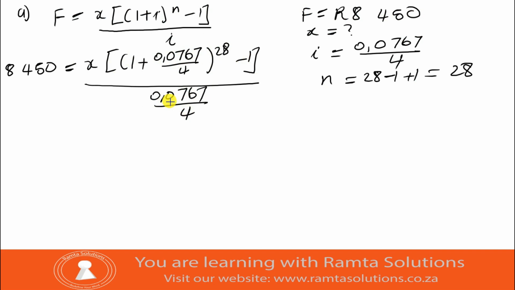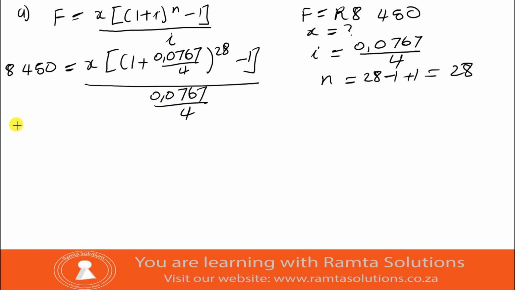So let's see. The right hand side will be a fraction: open bracket, 1 plus 0.0767 over 4, close the bracket, to the power 28 minus 1, all over 0.0767 over 4.